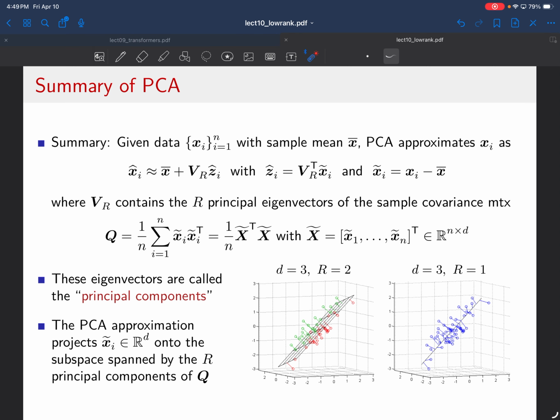Another way we can write this, if you like, is as a product of this. This is like your data matrix, but you've removed the mean from every column. So these are your mean-removed rows, and then here we have the transpose of that.